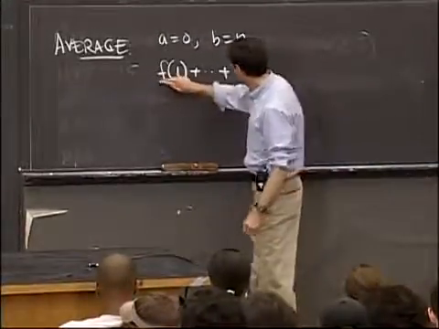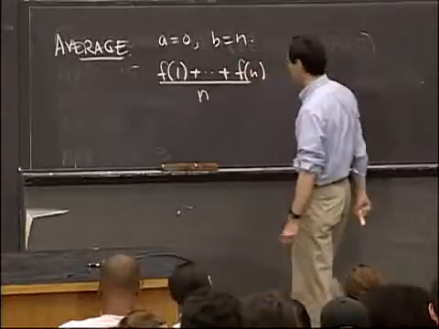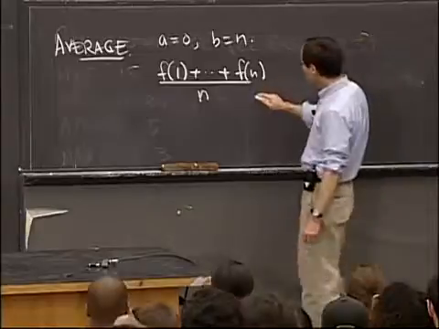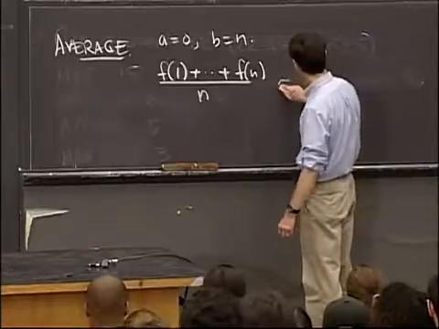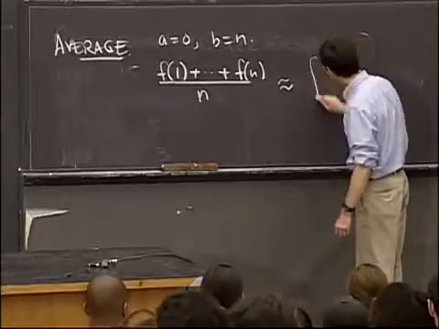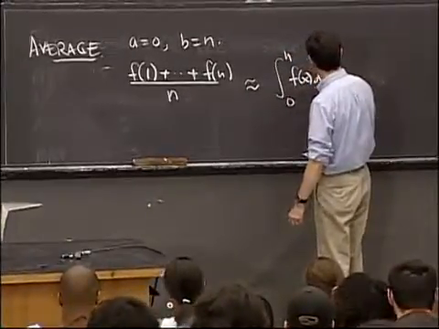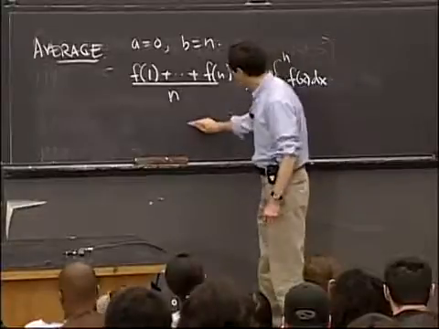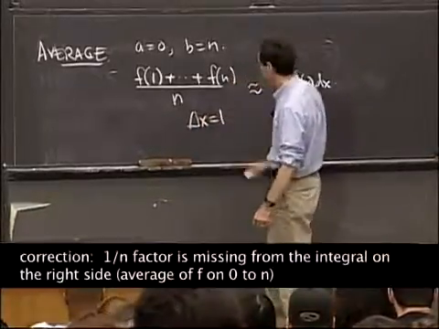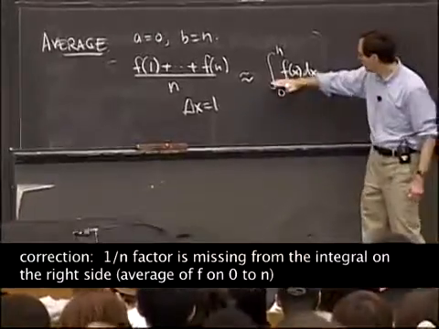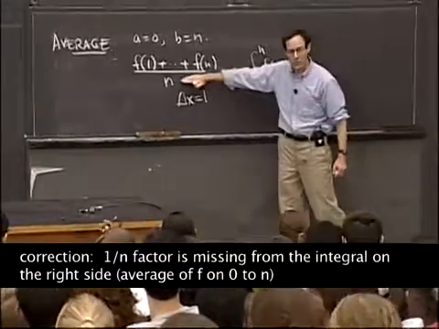But the average is we divide by n here. So this is the average. And this is a kind of Riemann sum representing the integral from 0 to n of f of x dx, where the increment, delta x, is 1. So this is the notion of an average value here, but in the continuum setting as opposed to the discrete setting.